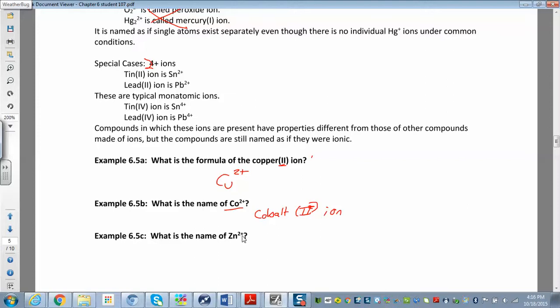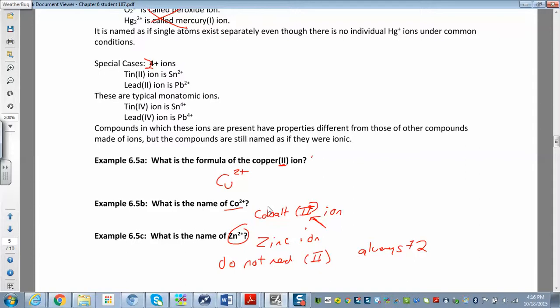What is the zinc 2+ ion? That one, we just call it the zinc ion, because zinc is always +2. So you do not need the II there, because it's always +2. You only have to indicate the Roman numerals when it changes. So cobalt is not always +2.